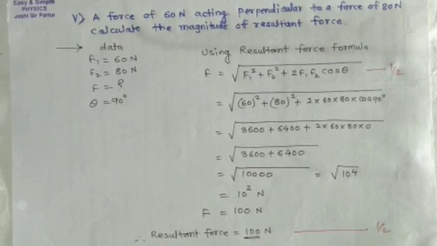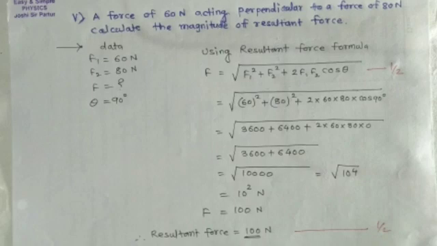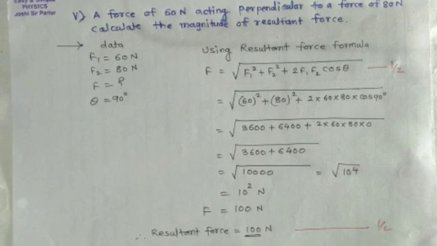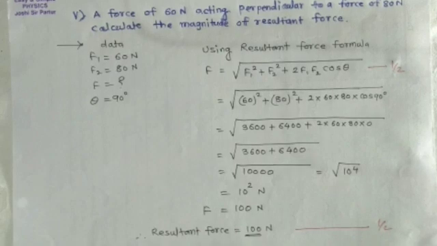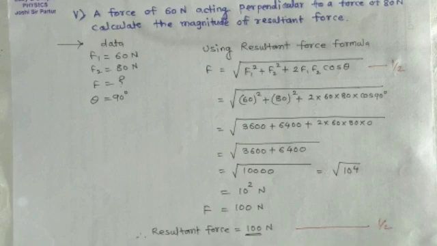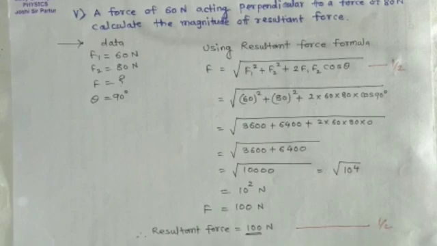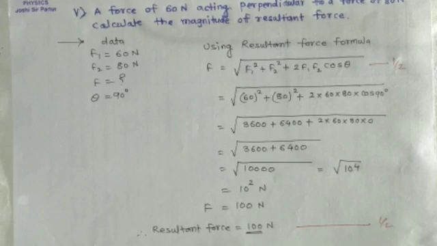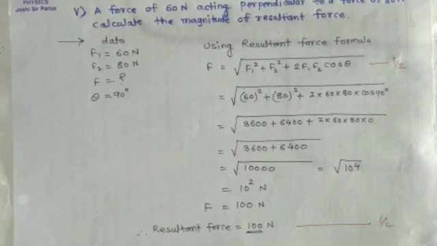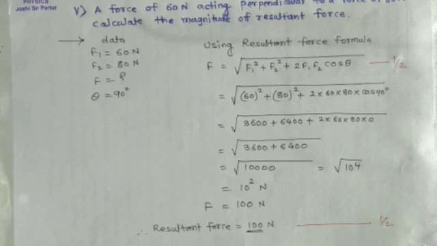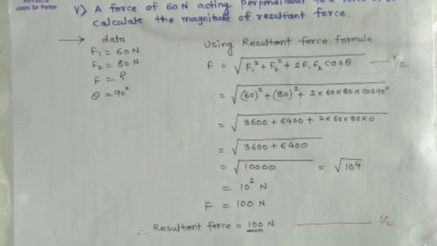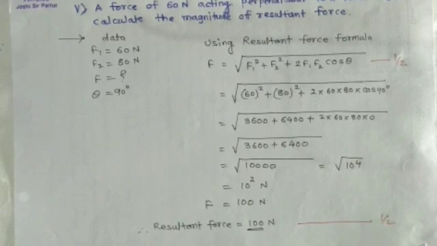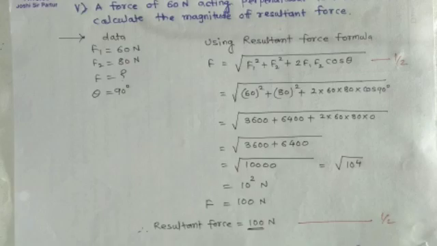For perpendicular forces, theta is 90 degrees, so cos theta becomes 0. The resultant force is F equal to square root of F1 square plus F2 square plus 2 F1 F2 into cos theta. Cos theta is 0, so that term remains 0. So it is square root of F1 square plus F2 square, which is square root of 10000. So the resultant force is 100 Newton.